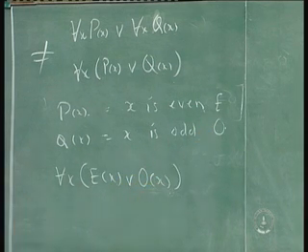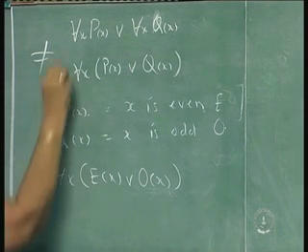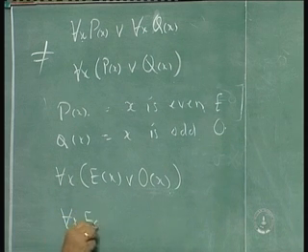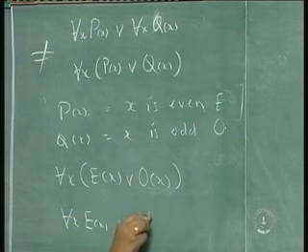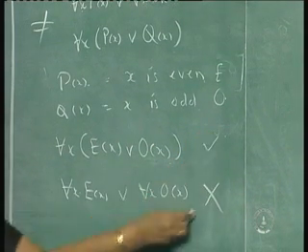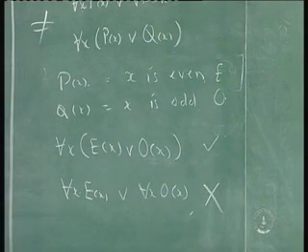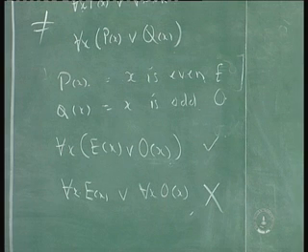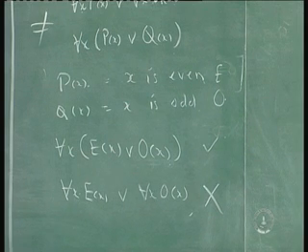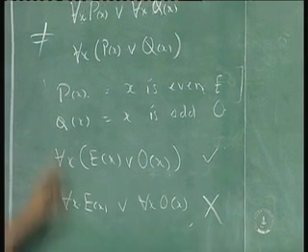Every integer is either even or odd. But what does this mean? That will mean for all x, E of x, or for all x, O of x. This is not true. That is, every integer is even or every integer is odd. That is not correct. So, one may be true, the other may not be true, so you cannot equate like this.